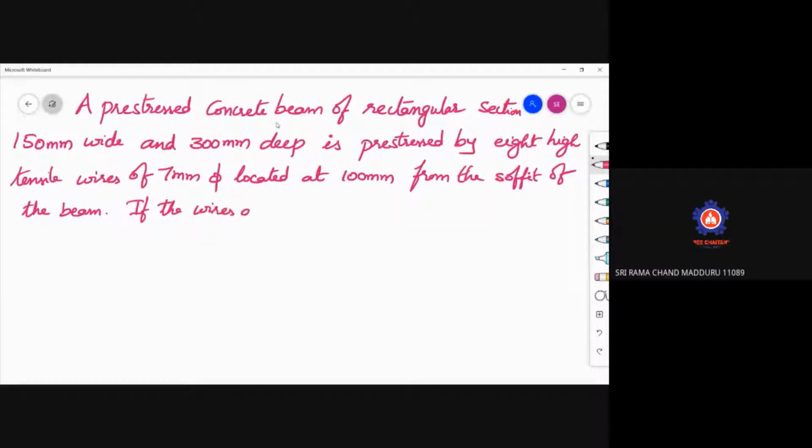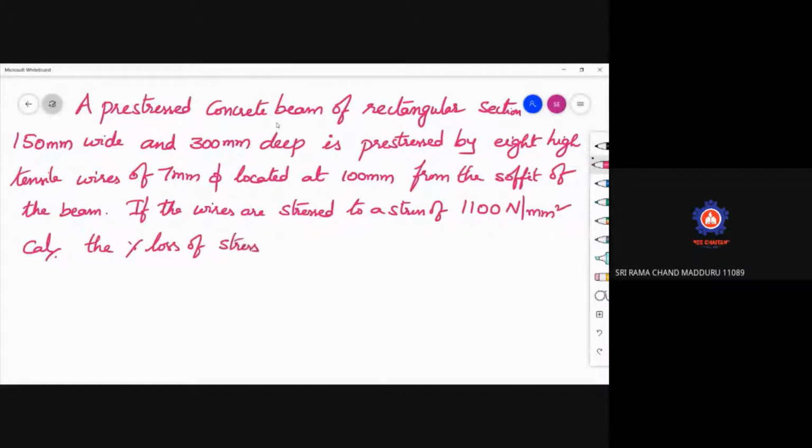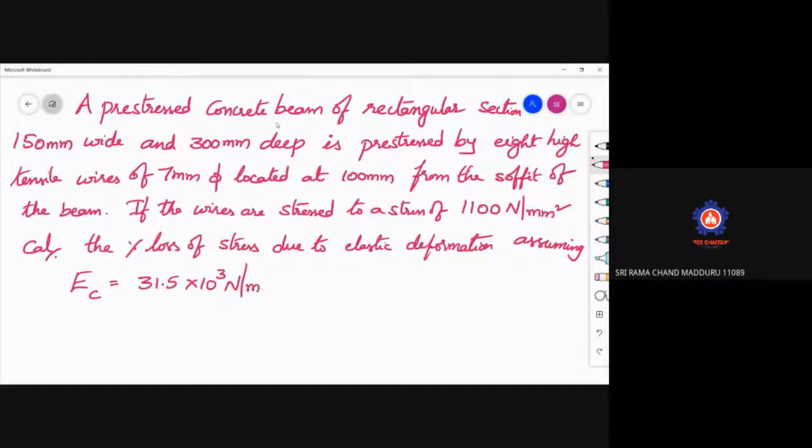If the wires are stressed to a stress of 1100 Newton per mm square, calculate the percentage loss of stress due to elastic deformation, assuming Young's modulus of concrete is equal to 31.5 into 10 cube Newton per mm square.